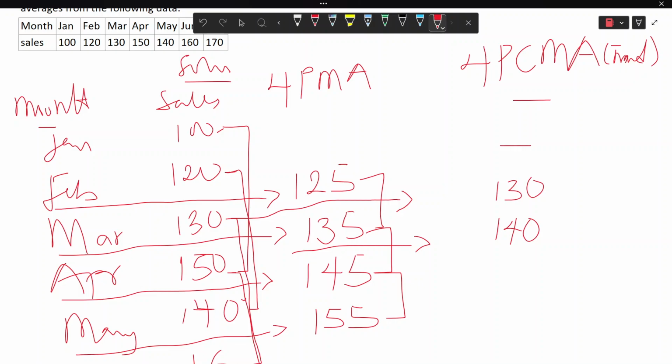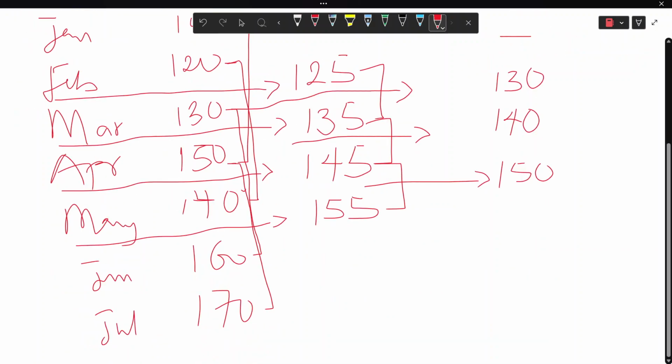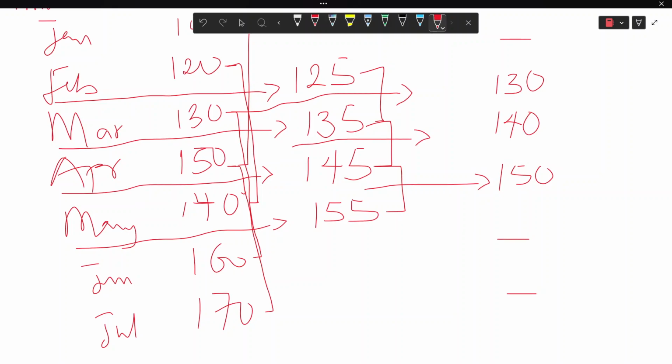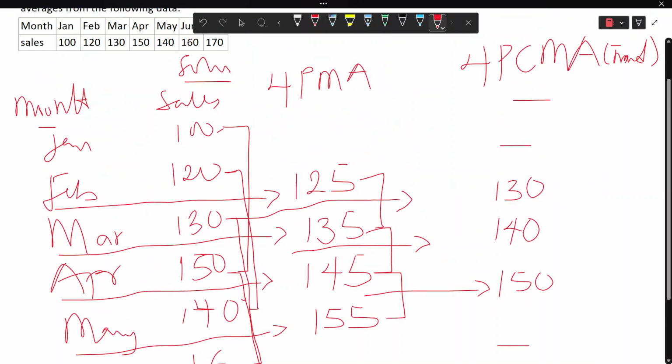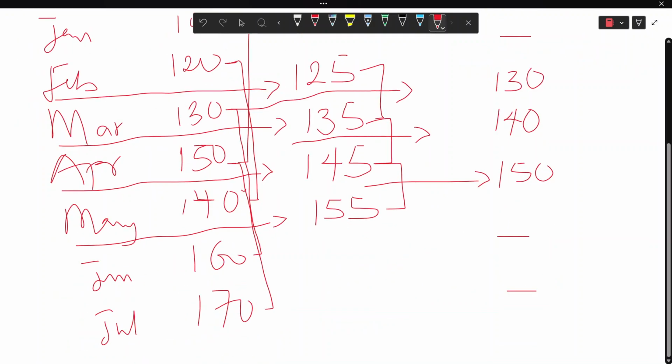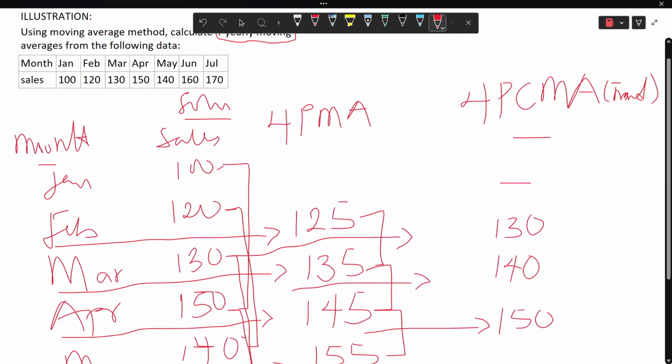And the average is 150. That's also on May. Meaning that for the last 2 months, June and July, we also have no trend values. So that's one disadvantage of using the moving average. For the extreme months, we don't have any values at the ends.